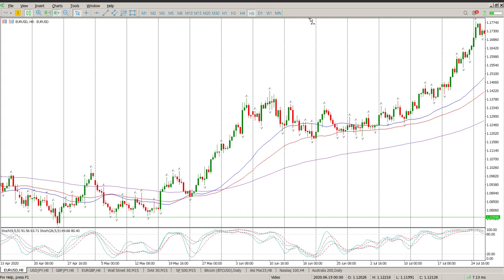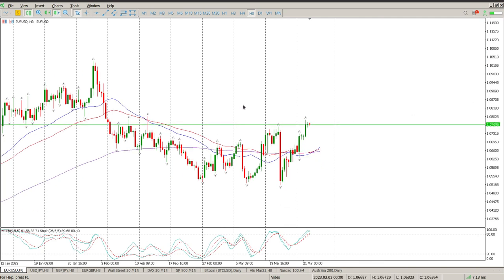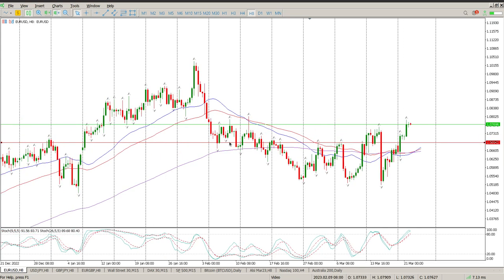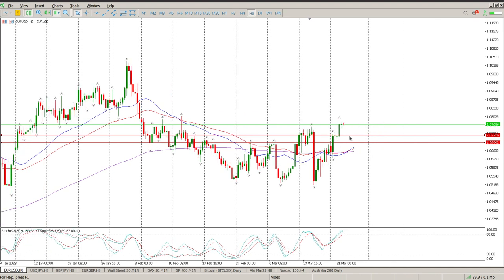So back onto the 8 hour, you can see we have been very volatile, bouncing all over the place, above and below the moving averages. So what we're looking for is some support. Okay, so that's kind of what I would expect.